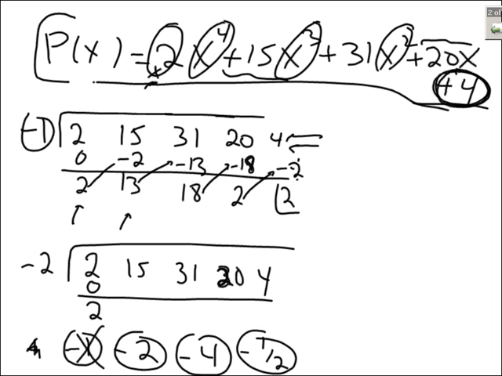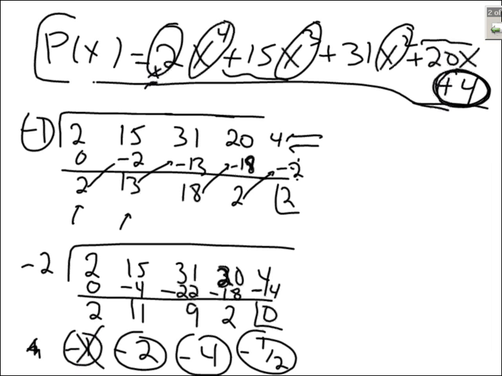We get 2. 2 times negative 2 is negative 4. 11 times negative 2 is negative 22. You add, you get 9. Multiply by negative 2, get negative 18. You add, you get 2. Multiply by negative 2, you get negative 4. And when you add, the remainder is 0.